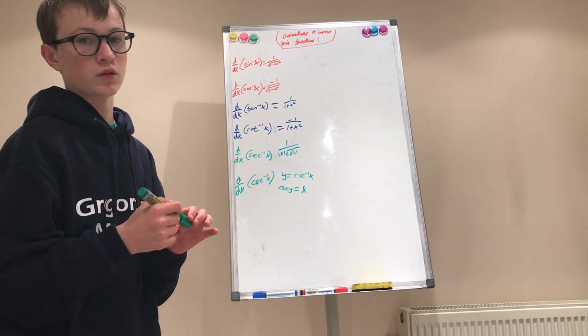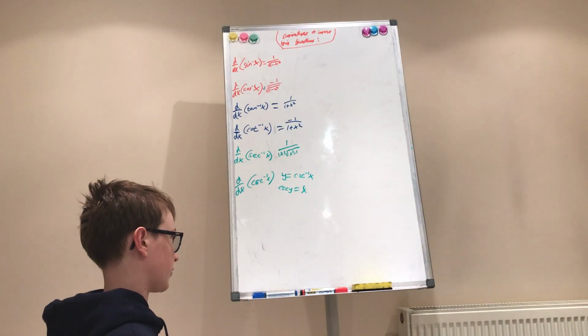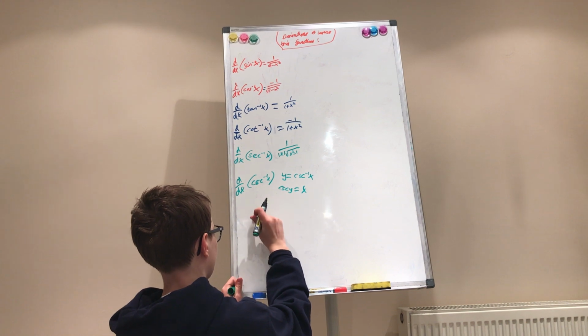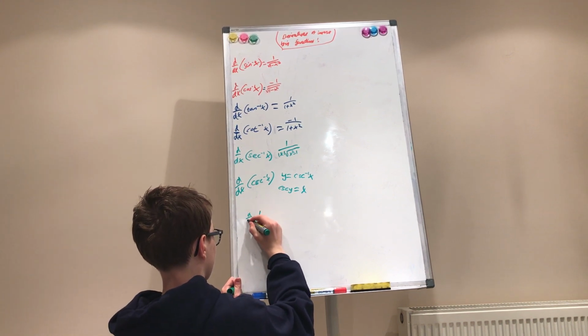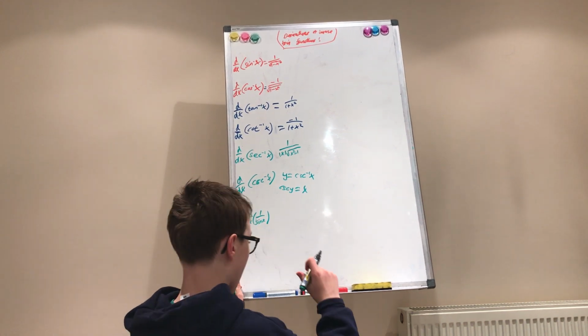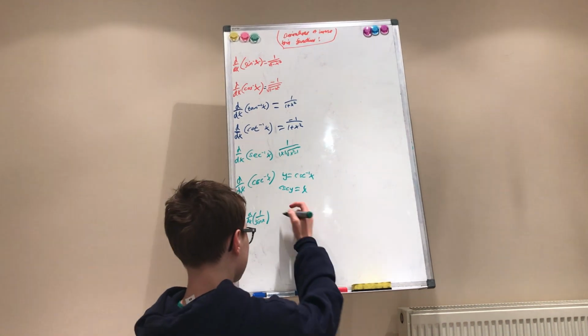And I've just forgotten the derivative of cosecant y. So we'll have to do it together. I'll just do the derivative of cosecant x, which is 1 over sine x. I'm just going to quickly do this using the quotient rule.